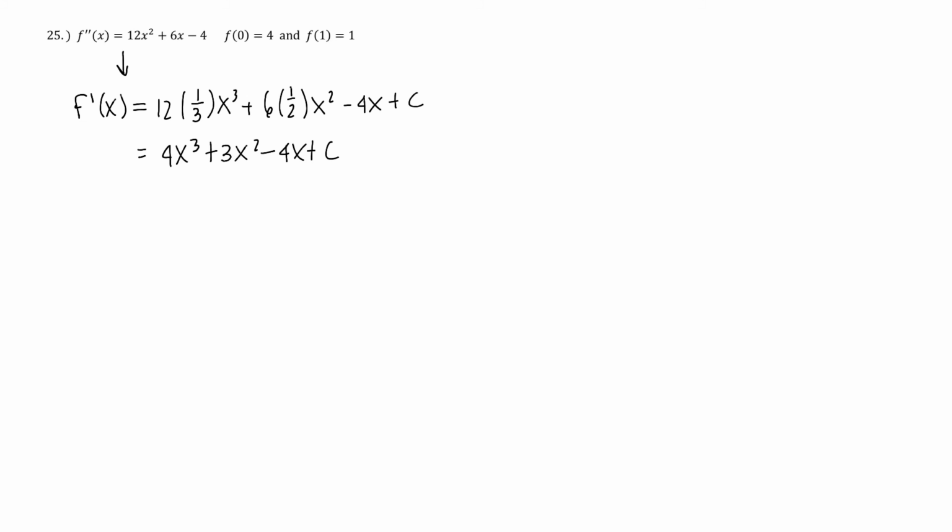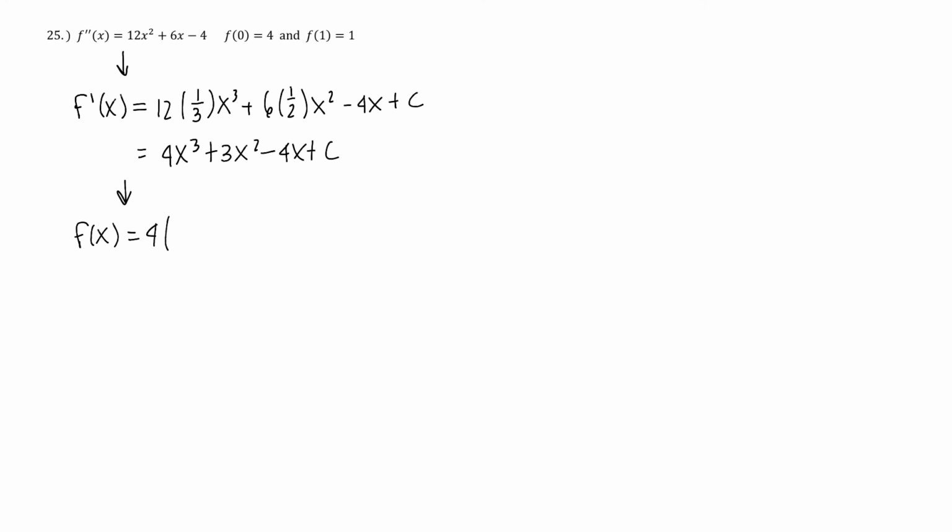And normally at this time, we'd have an initial condition we can use, but notice that none of these initial conditions involve f prime at all. So I can't use any initial condition. I'm just going to have to leave that c alone and go on to the next step. So I'm going to find another antiderivative. I'm going to f this time.